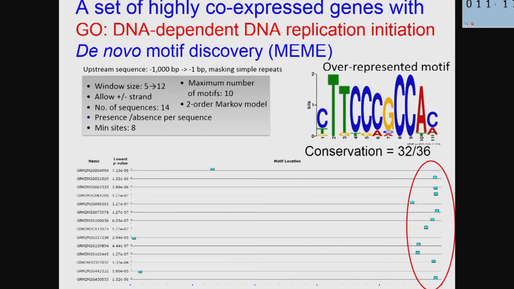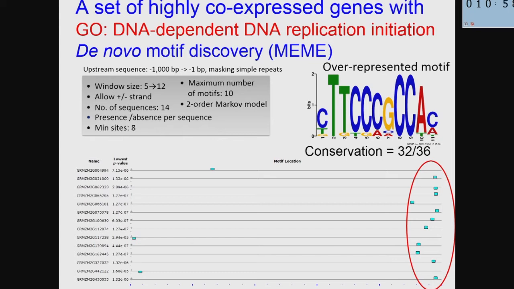For example, for this GO function, DNA-dependent DNA replication initiation, we found an overrepresented motif which is conserved across species.